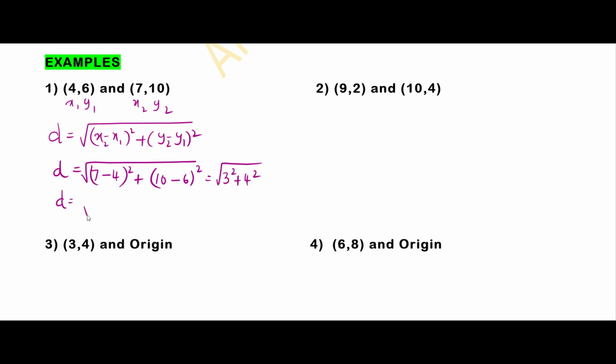Now d equals square root of 3 square is 9 and 4 square is 16. Therefore d equals 9 plus 16 is 25. What is square root of 25? Square root of 25 is 5 units. Therefore the distance between the points (4, 6) and (7, 10) is 5 units.